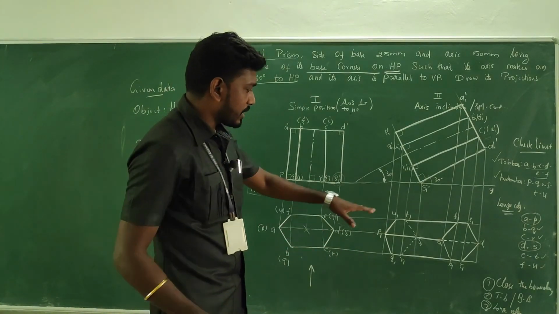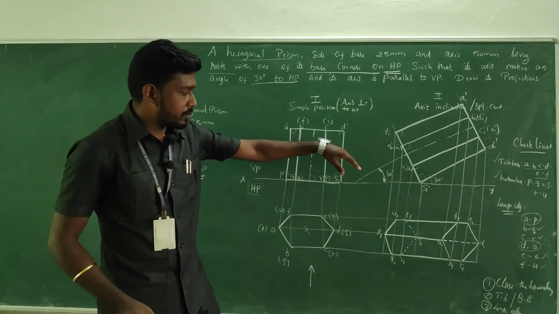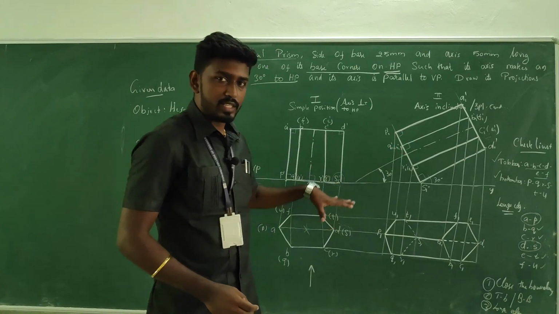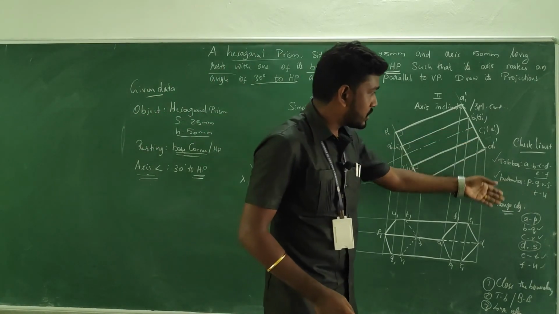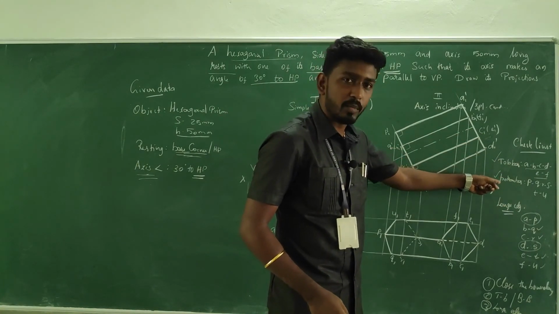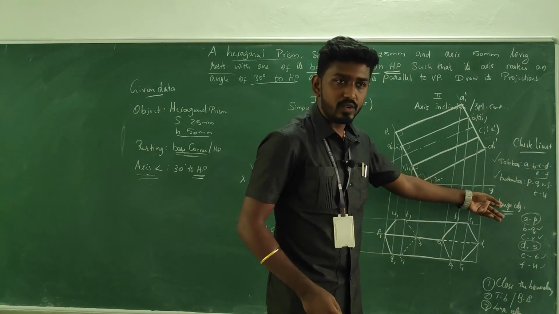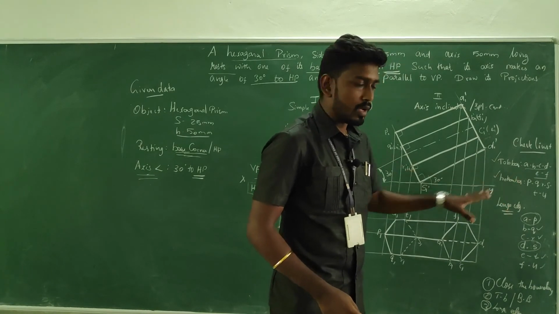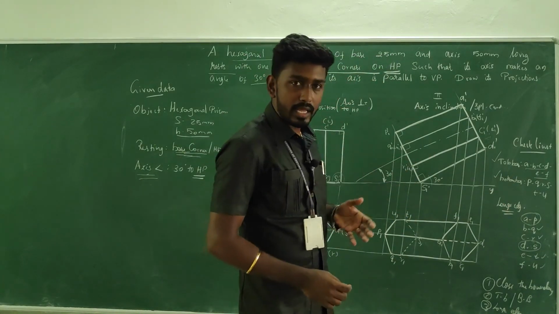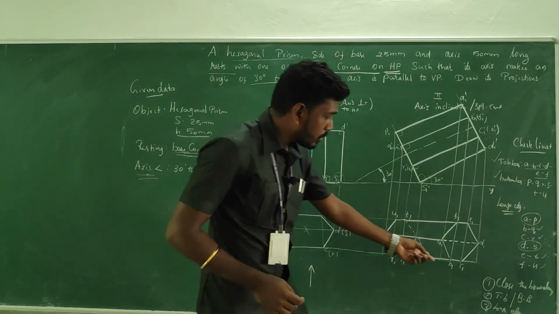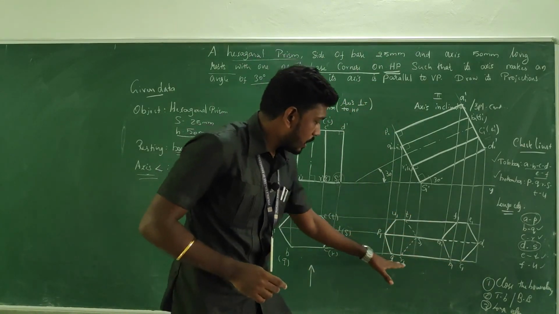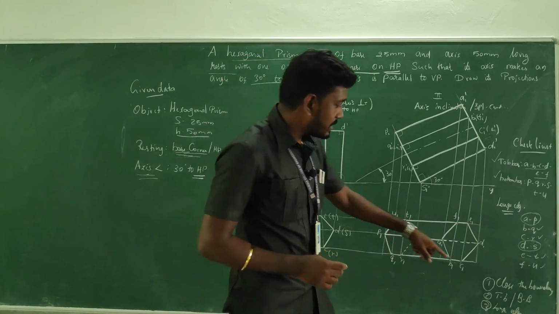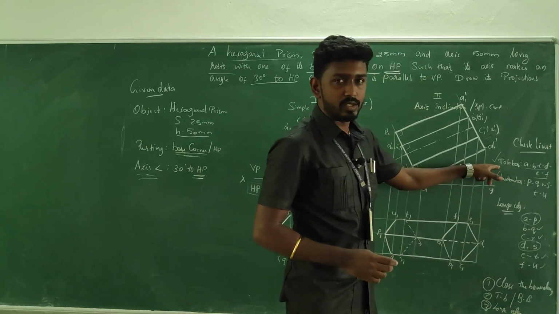For this diagram, first of all you have to take the projectors from the previous stages, and afterwards do the mapping work, and then make a checklist: top base, what is the connection; bottom base, what is the connection; and longer edges, which edges are there. Bring it to your mind, and afterwards go with the procedure. Always the boundary should be closed first, and afterwards concentrate on the top base.